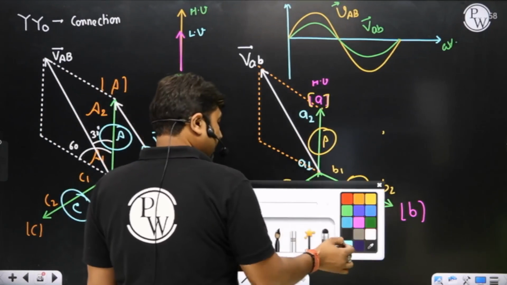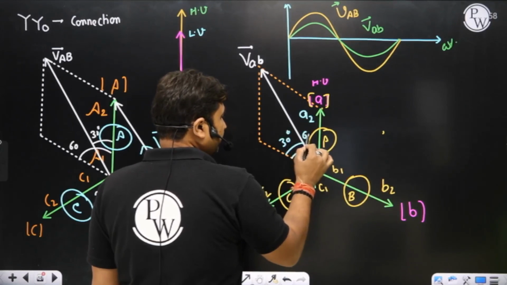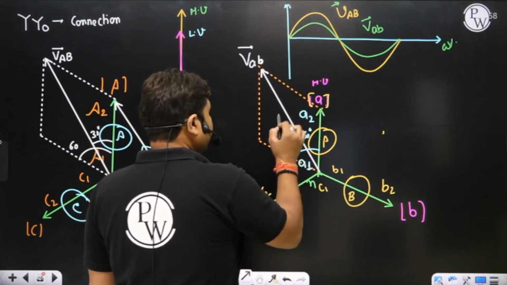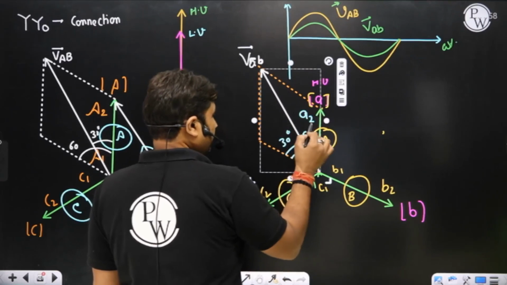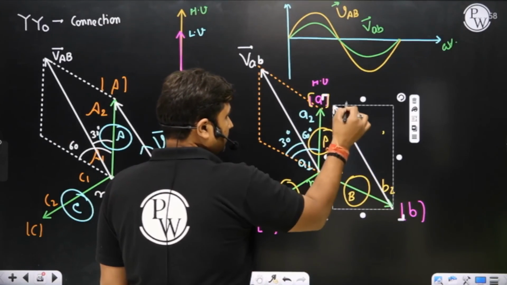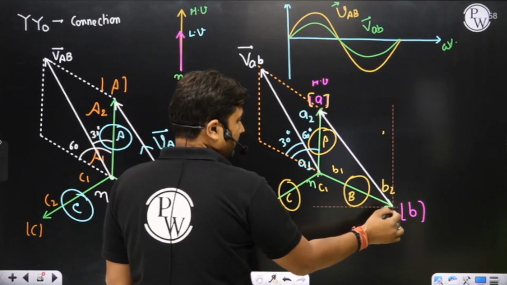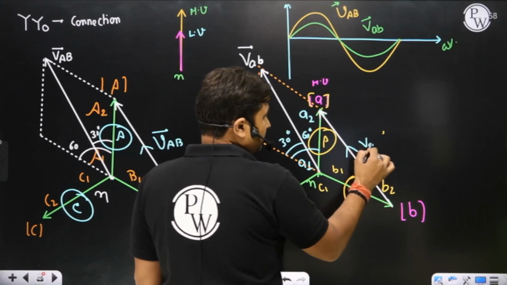This is at an angle 30 degree from here, 60 degree this entire one. So the same VAB can be represented here, sir. Is it okay? Yes, sir. This is your B to A, VAB small.